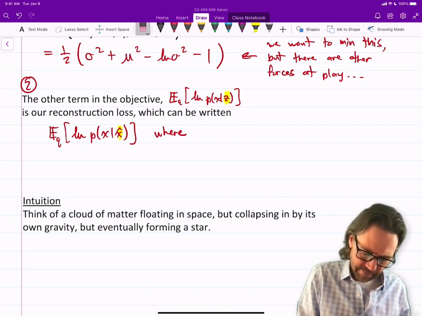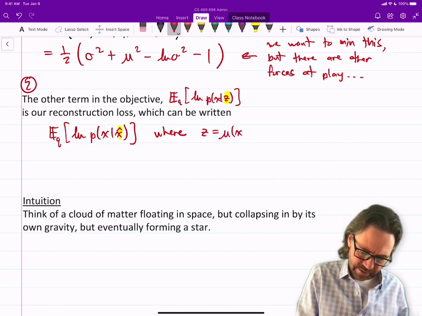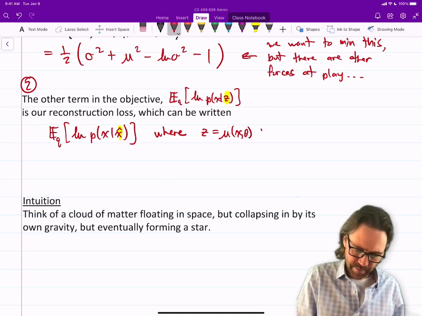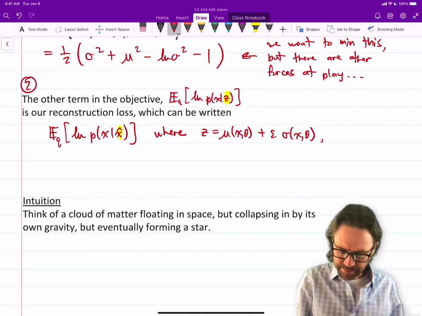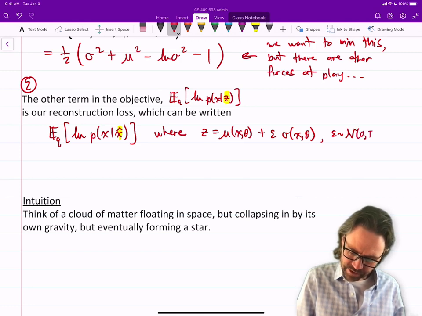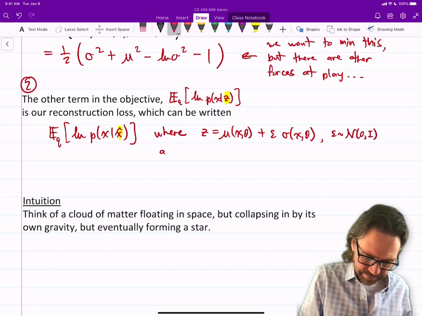So our z comes from mu of x theta, right? That was the encoder I talked about up above, plus epsilon times sigma of x theta, where epsilon is taken from a standard normal distribution. I'll talk about that in a second.